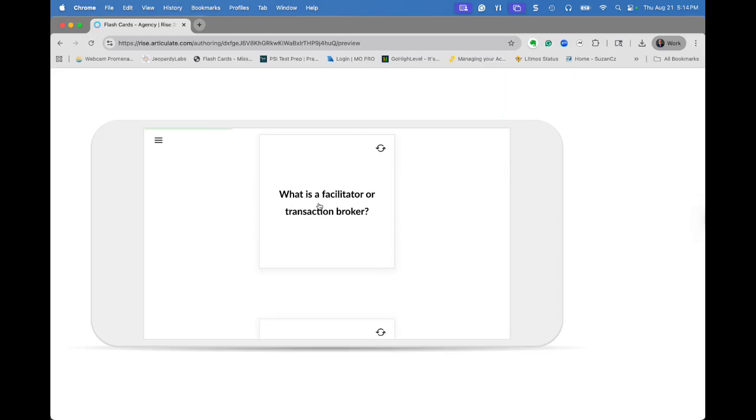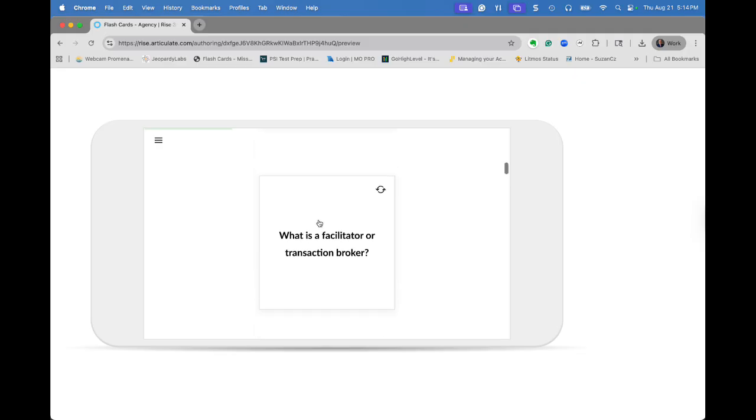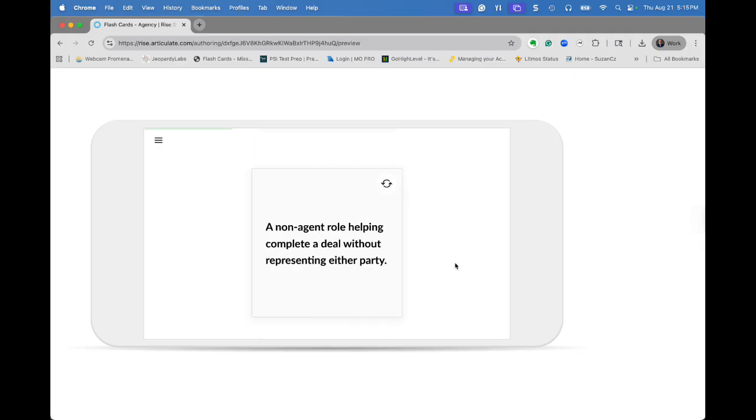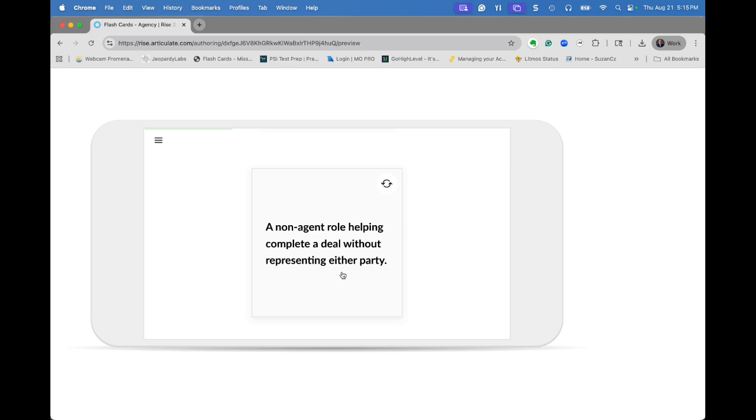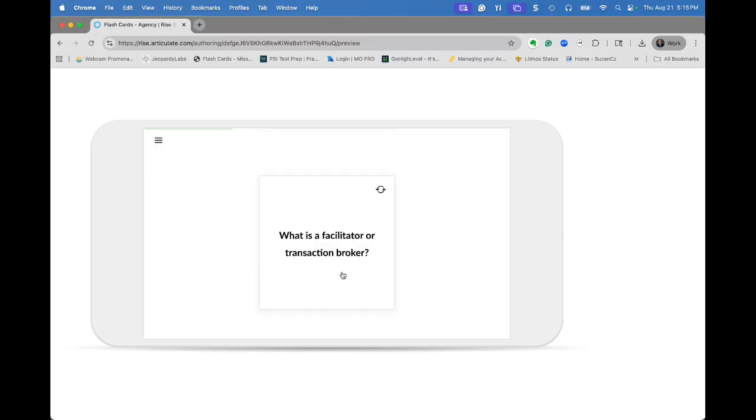What is a facilitator or a transaction broker? Well, it's a non-agent role helping complete a deal, and there's the key you need to know, without representing either party.